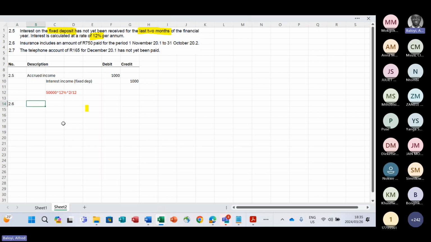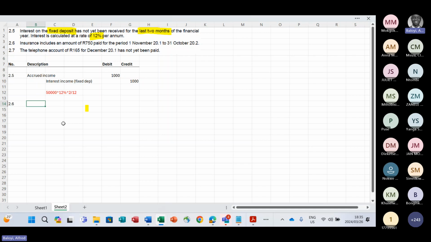And then for 2.6, insurance includes an amount of 750 paid for the period 1 November 20.1 to 31 December 20.2. So again, we are paying in advance. So our period should be for 1 November up until 31 December 20.1, meaning that we have paid extra for the following year.